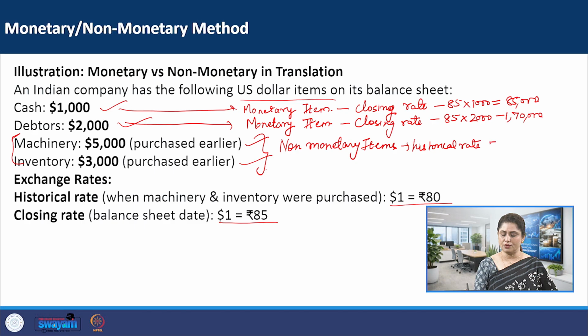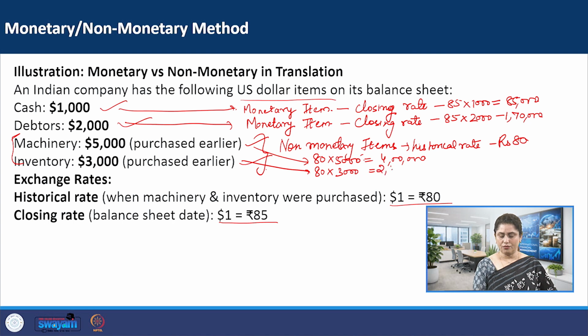And the rate given to us is rupees 80 here. So if I have to convert this machinery, it is going to be 80 into 5,000. This gives us 4 lakh rupees, and the inventory will be 80 into 3,000, which gives us 2,40,000 rupees.